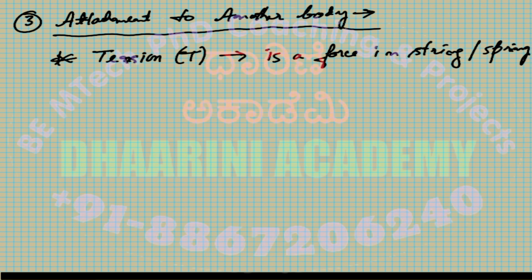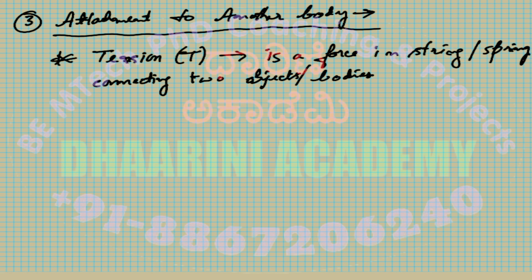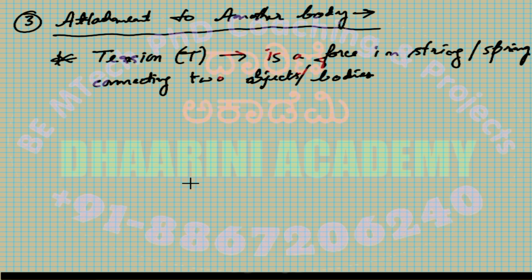String or spring connecting the two objects or two different bodies. If two bodies are connected through a string or a spring, you have the concept of what is called tension coming into the picture. Let's look at some examples.